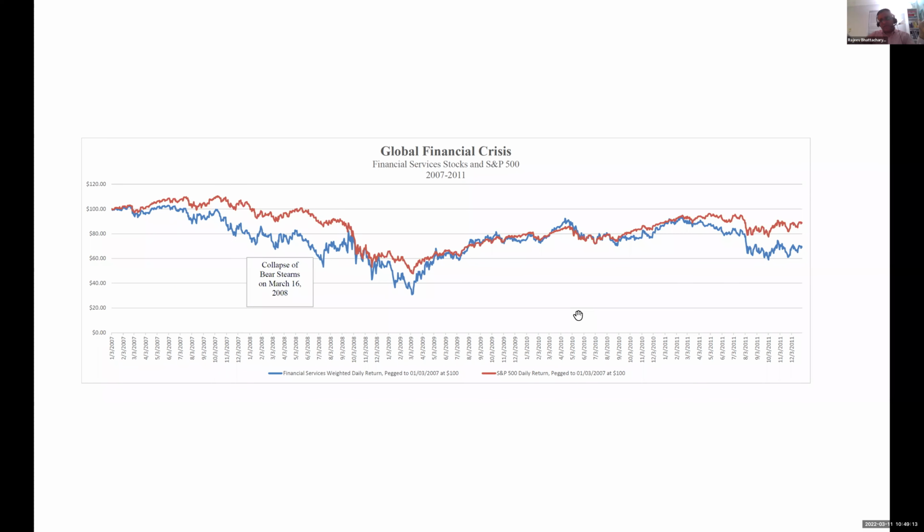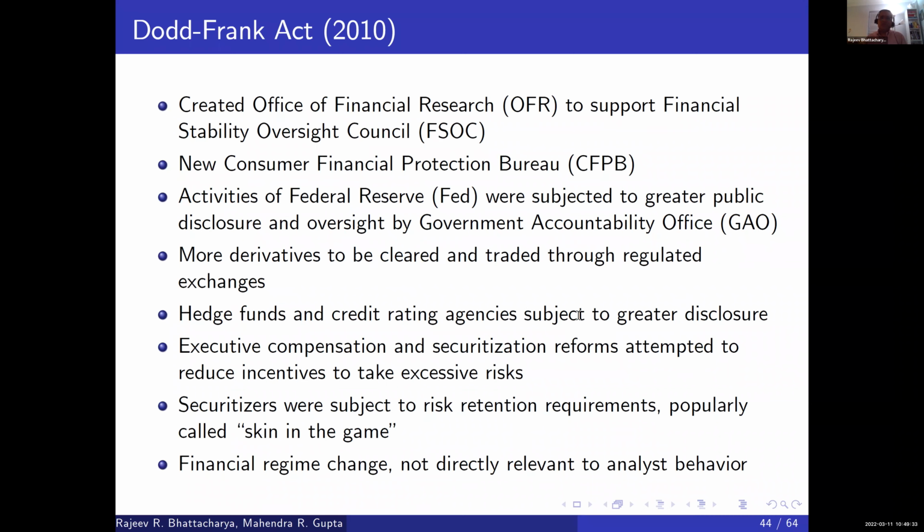The chart covers 2007 to 2011, and you can see how differently and how dramatically things changed in the global financial crisis, which was, as Mahendra has said, a crisis of confidence in major financial players, which was not surprising, followed by the Dodd-Frank Act.